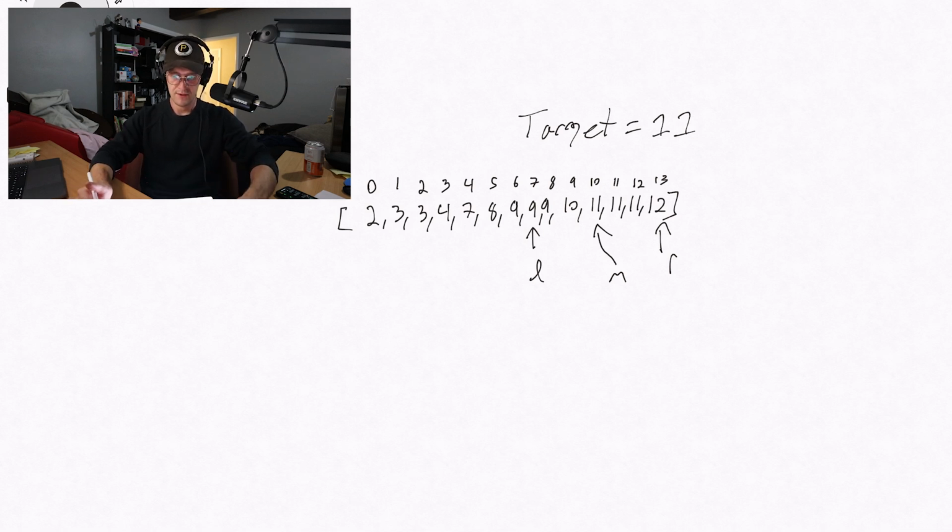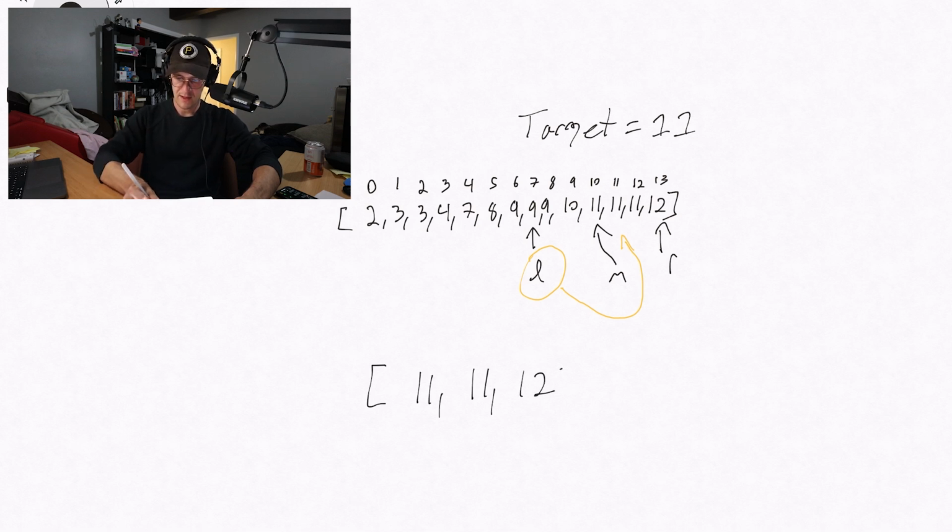Okay, so let's say we hit this step, we've reached element 10, and now what we're going to do is take our left pointer and move it one position past our current midpoint, and now we're going to do binary search within here to find 11. So our new subslice is going to look like this. We're going to have 11, 11, and 12.